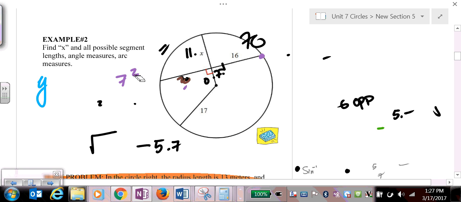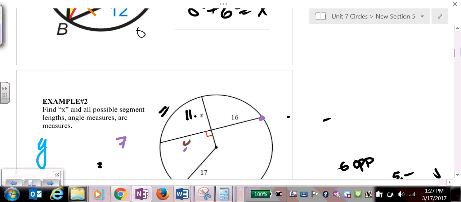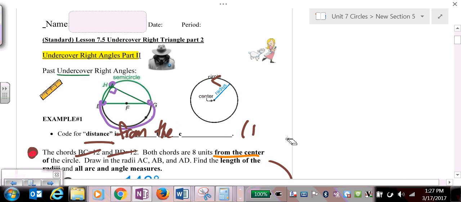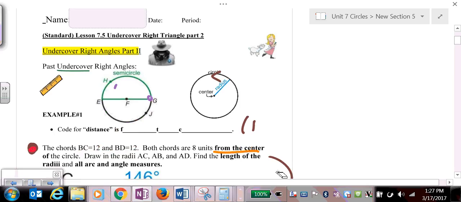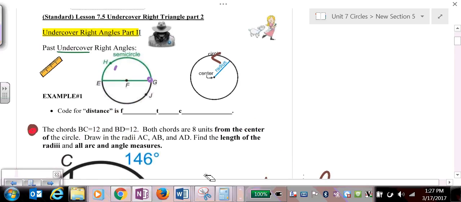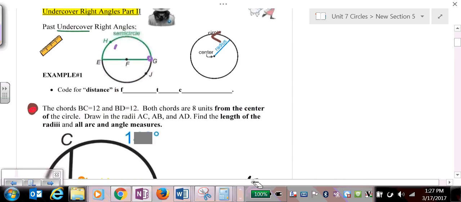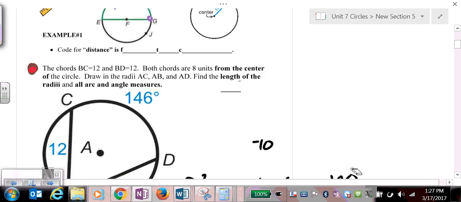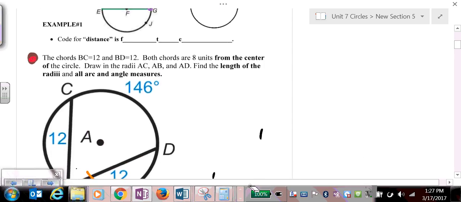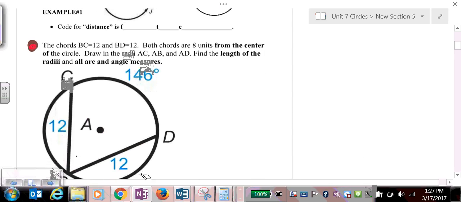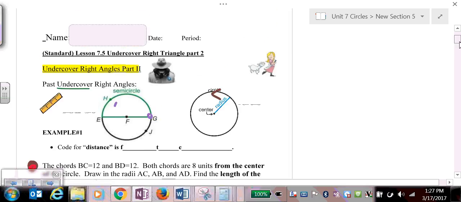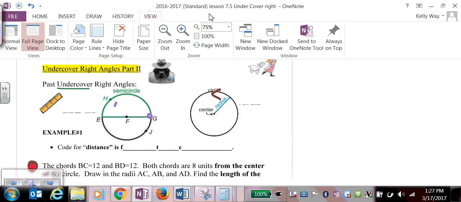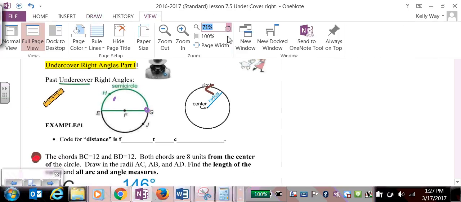Go to the front page, please. Get your calculator, Sandy. This time and this time only, I'll let you have your cell phones, but guys, you really need your own calculators. Yes, sir, you may.